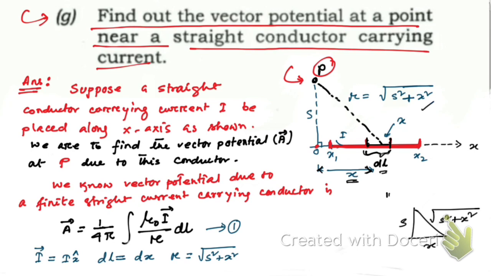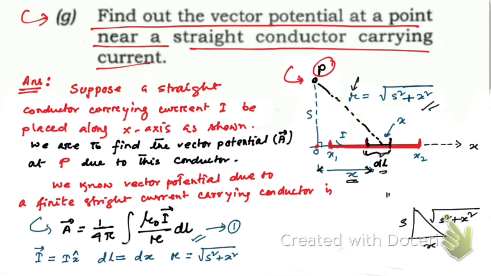So that's how we have got this. This is the R, right? Now you can see the potential due to this straight conductor will be given by this formula, right? So here we have dl, where L is the length of the wire.